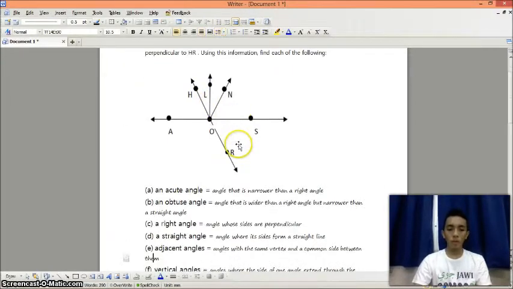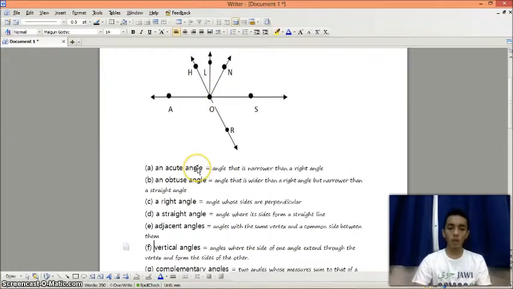Okay, move on. Adjacent angle. An adjacent angle is an angle with the same vertex and a common side between them. The example here is angle HON. Next, a vertical angle.